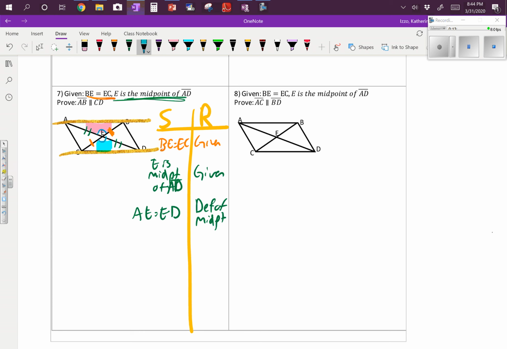This guy's my vertical angles. So measure angle AEB equals measure angle CED, because vertical angles are congruent.